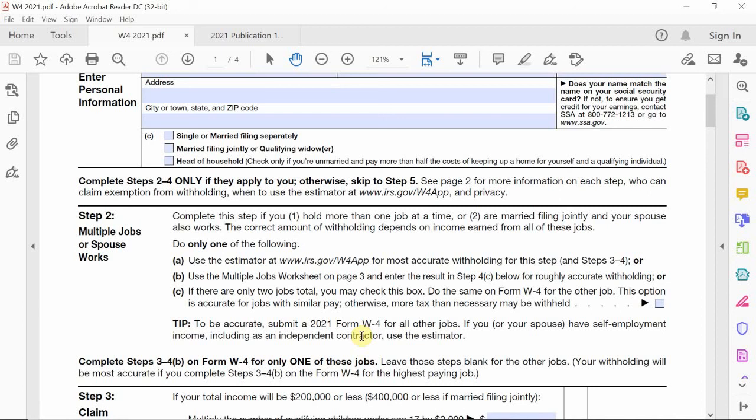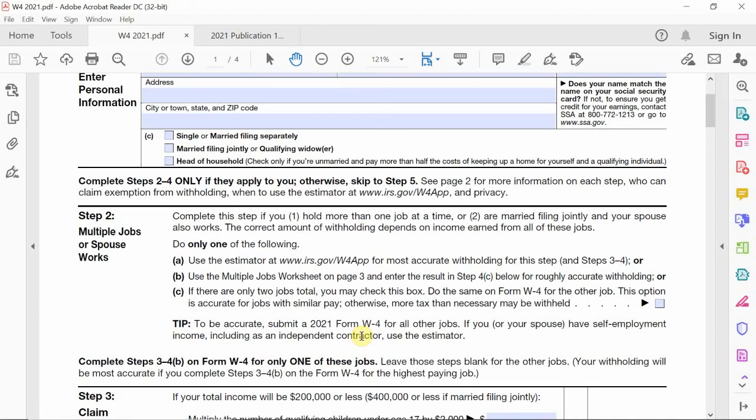So with that being said, this is where step number 2 is going to ask you, tell me, do you have more than one job? And if you do, tell me how much you earn from that job. So in this case, back then, if you had multiple jobs, due to how the earning worked back then, if you had a full-time job and then a part-time job, you would have to do separate W-4 forms for every employer.